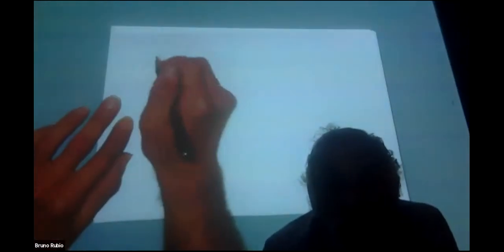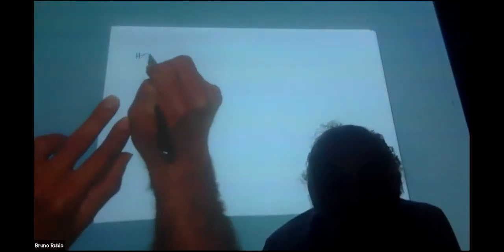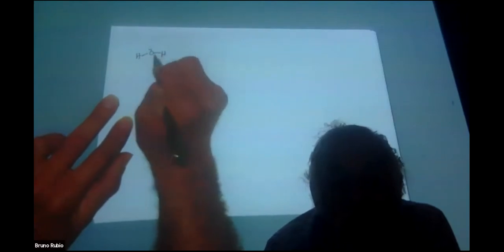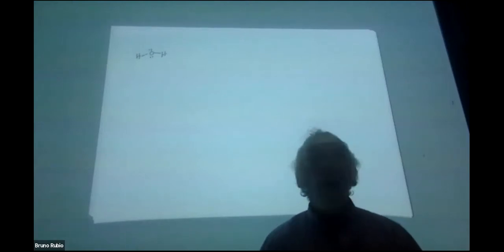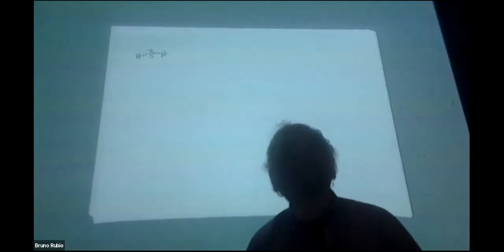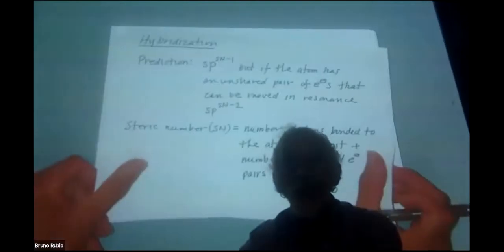All right, so let's start out with something pretty easy, like for example, the water molecule. So there's the Lewis structure of the water molecule. What is the hybridization state of the oxygen atom in water? Well, I hope we know since high school maybe that it's sp3. Okay, but how are we coming up with that based on this prediction of hybridization? Well, the steric number of this oxygen atom: it is bonded to two other atoms, two hydrogens, and it has two unshared electron pairs on it.